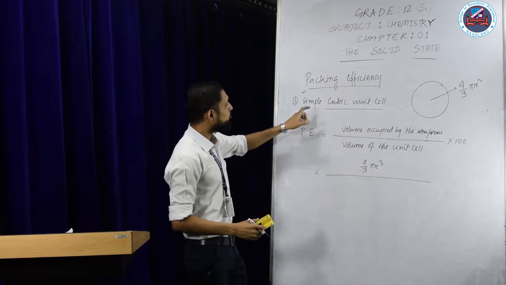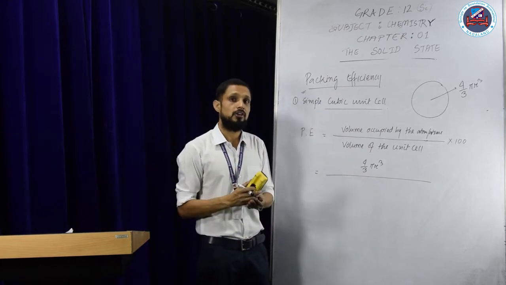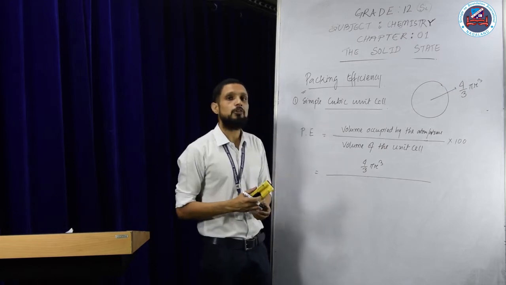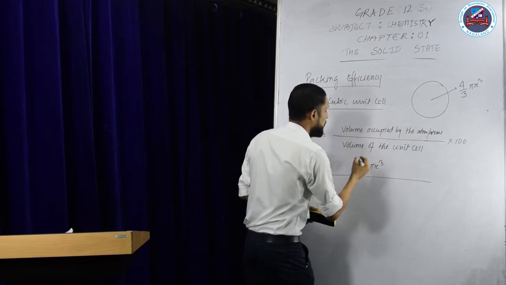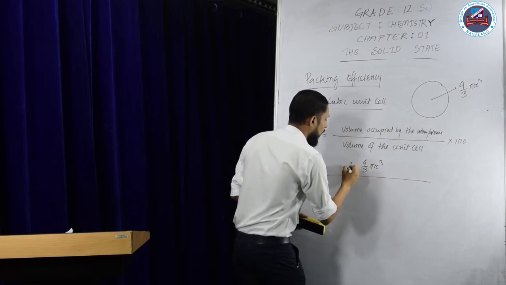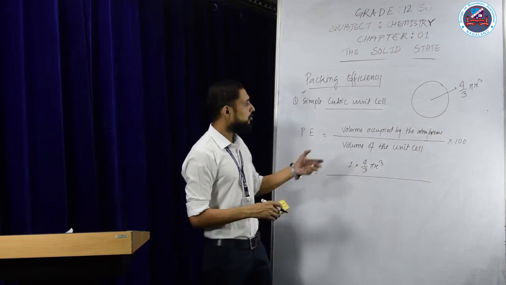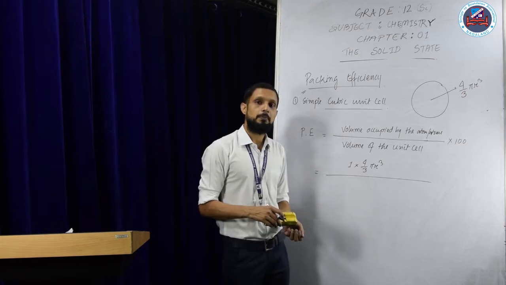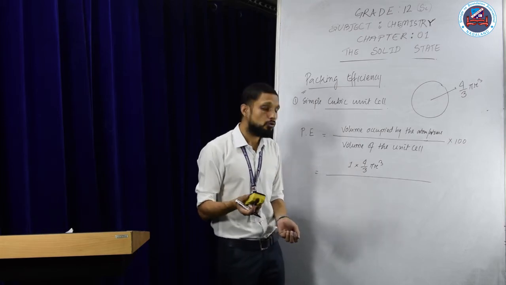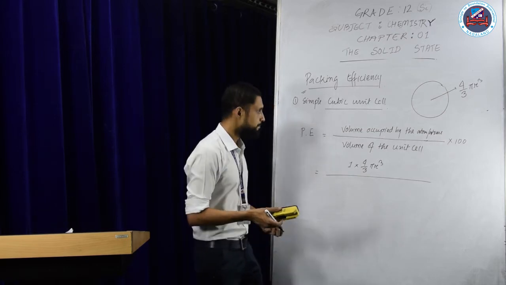Now when we check simple cubic unit cell, the total number of atoms we have calculated in the last video, the total number of atoms in simple cubic unit cell is 1. So the total volume occupied by the atom is equal to 1 multiplied by 4 by 3 pi r cube. If the total number of atoms is 4, it will be 4 multiplied by 4 by 3 pi r cube. If the total number of atoms is 2, it will be 2 multiplied by 4 by 3 pi r cube.